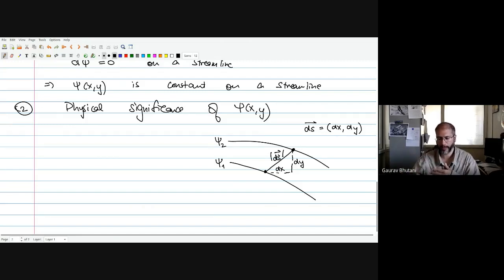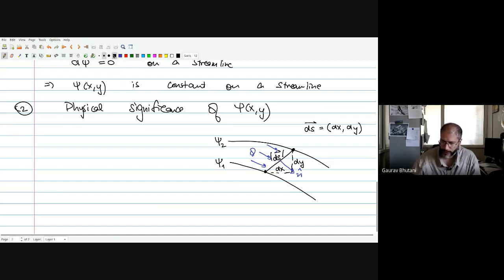So ds times 1 will become an area. Let me also draw the unit normal to this. So I'm interested in finding out what is the volume flow rate Q through this area, which is ds times 1.